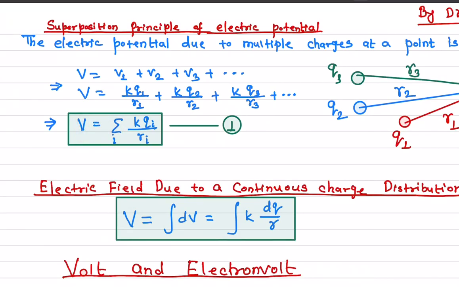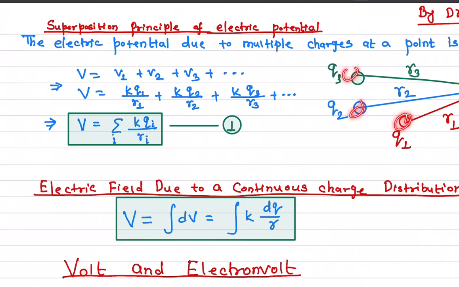And you can write this in the form of a summation, in a more condensed form: the total potential is given by the sum of KQi over Ri, where i is the variable, and it can vary from 1 to the number of charges you have. So this is how you calculate the superposition principle of electric potential.